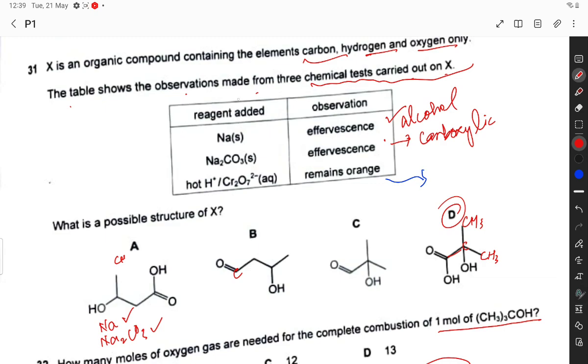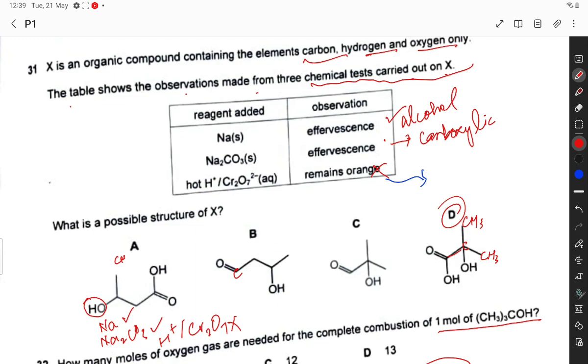This is also oxidized, OH is also oxidized to carboxylic acid, so the dichromate remains orange. So this test is not true.